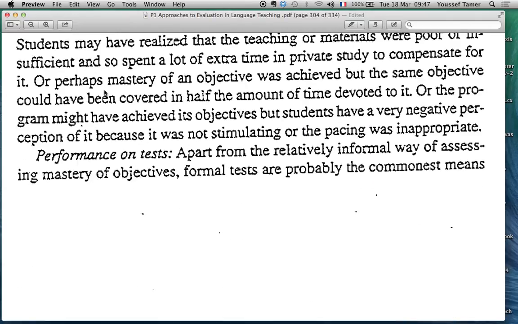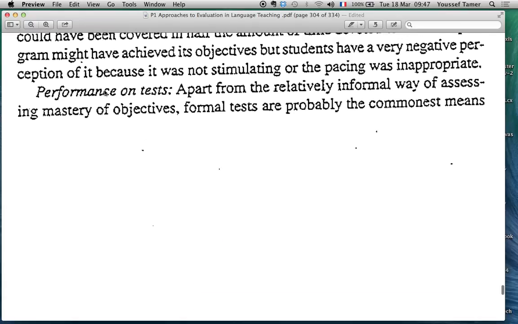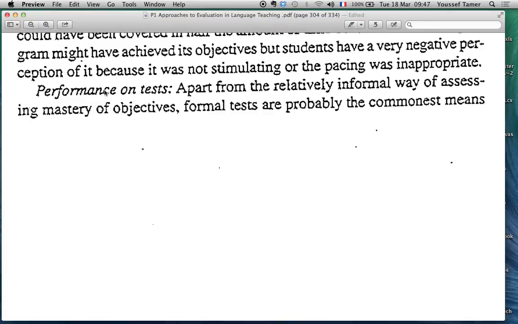Of course, I let you go back and read again the rest of this section, but I think just from the title we can understand what's going on in there. Performance on tests. So the tests that the teachers do for the students, either in terms of formative assessment or in terms of summative assessment. Do the students really learn, to get results, etc.?